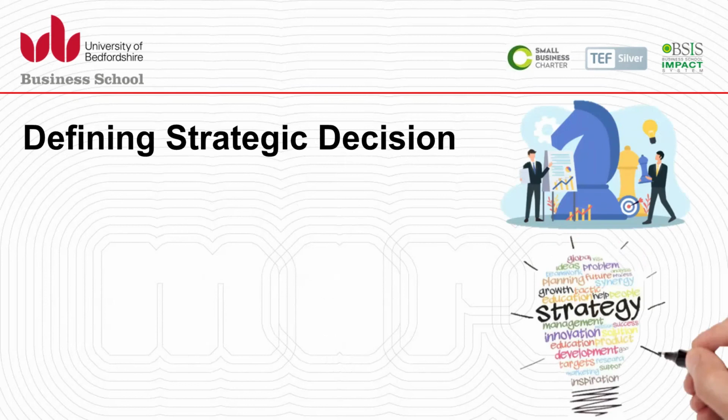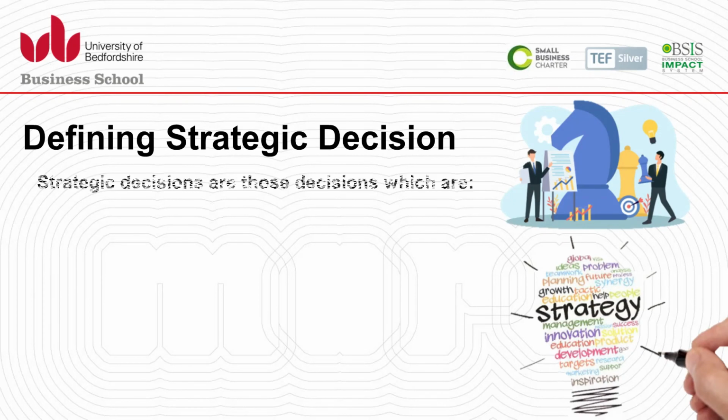So we use a term for senior management to make a strategic decision. We define strategic management decisions as operation strategies, or the business strategic approach to strategic decisions.